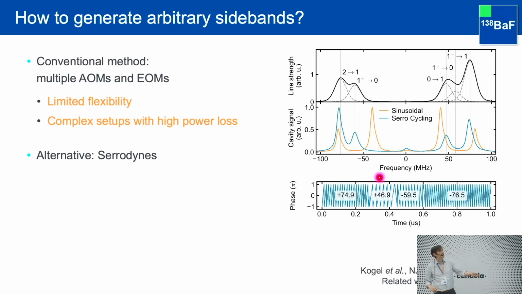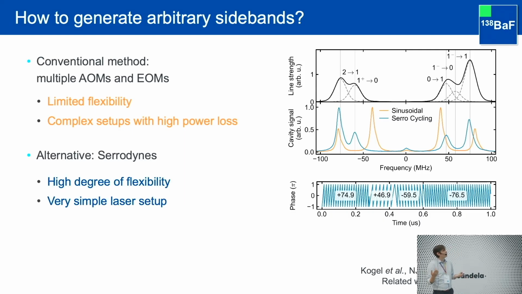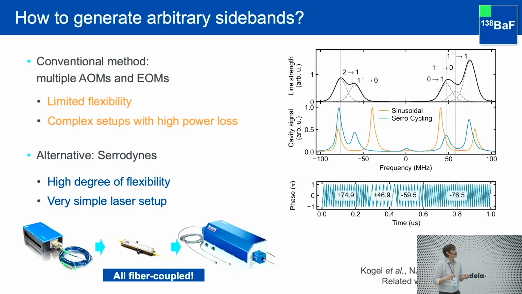So this is basically the 4 frequencies that you see here, but you are very flexible now to do anything you want. And as long as you're looping fast enough, your molecules don't realize that the frequencies are actually not there all the time. So this gives you a very high degree of flexibility, and also, again, speaking in terms of lasers, it gives you very simple laser setups, because you can just fiber couple your initial seed laser, you go through a fiber EOM, and then you just amplify.